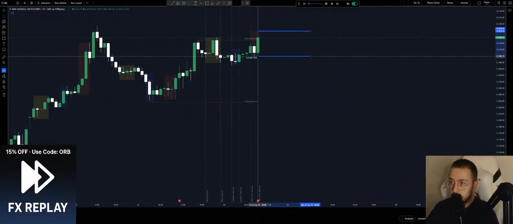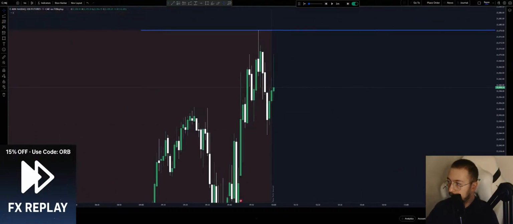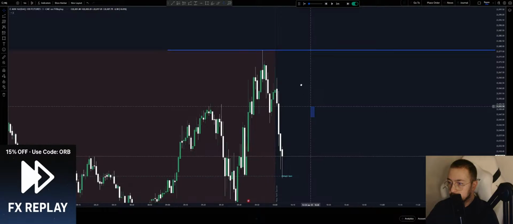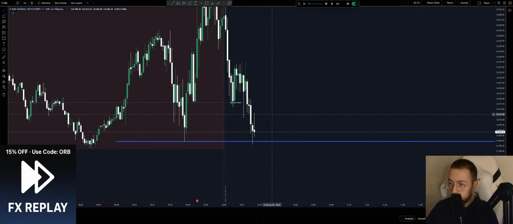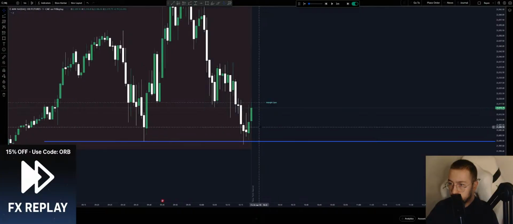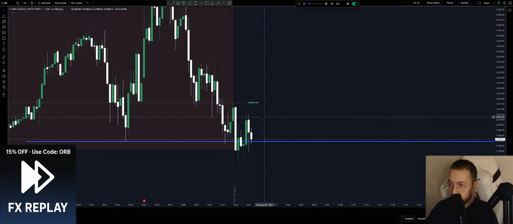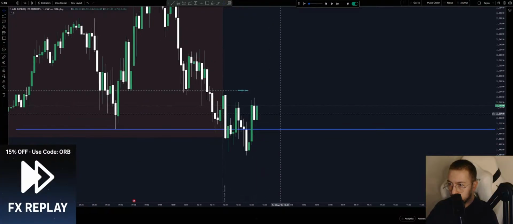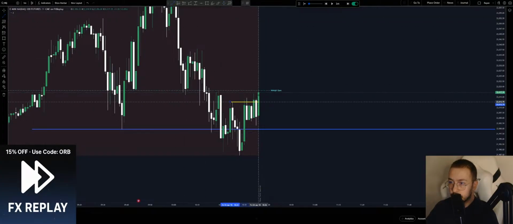We mark the high and low. Okay, we swept the low. Wait for break of structure. That is my last swing. It's a new swing. So we did break structure.